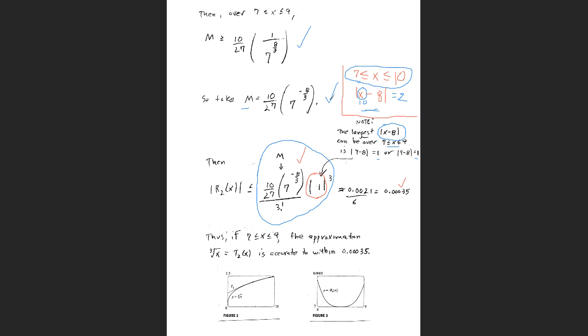And so we can say then that if x is between 7 and 9, our approximation, t sub 2 of x, will approximate the cube root of x. It'll be accurate to within 35 10,000ths. Okay.